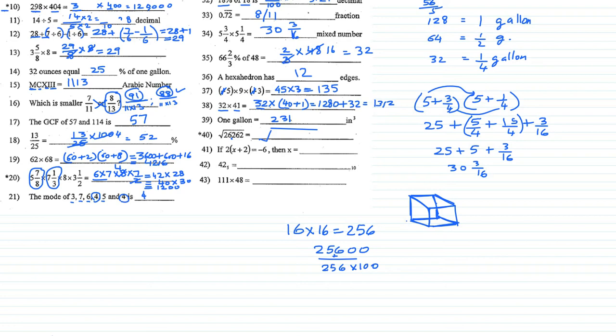So essentially we can approximate 26,262 as 256 multiplied by 100. So the square root of 256 is 16, and the square root of 100 is 10. So 16 times 10 is 160.